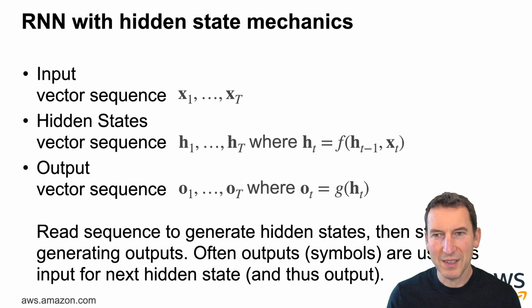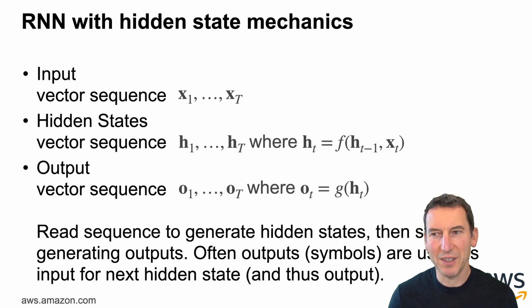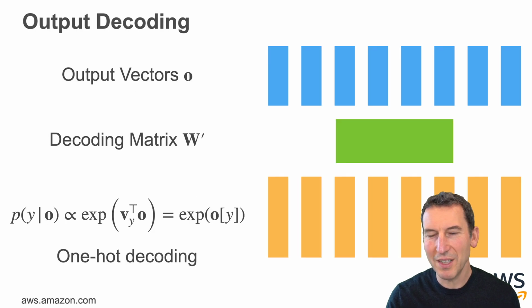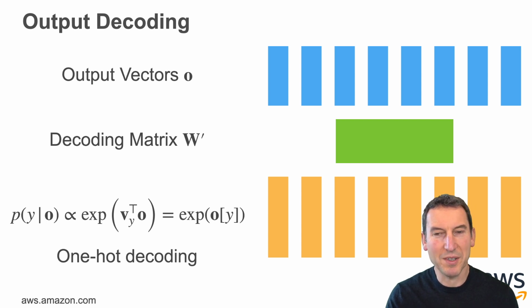And so basically I go and read the sequence to generate hidden states, then start generating outputs, and I keep on doing this. And if in the end we need to map into discrete symbols again, then I get my output vectors and a corresponding decoding matrix w prime, and then I can, for instance, model p of y given o to emit specific characters.